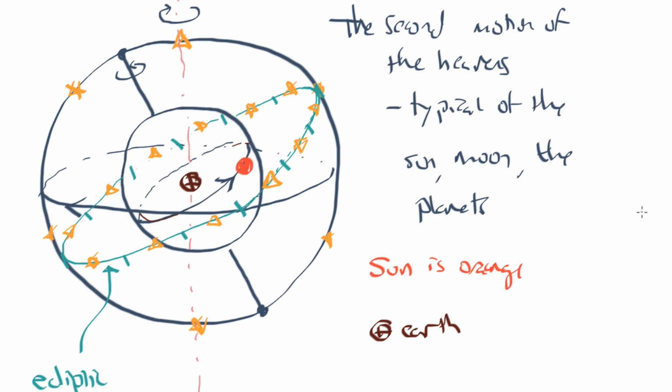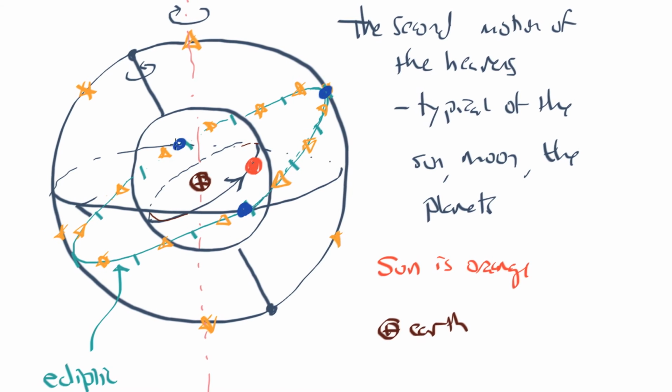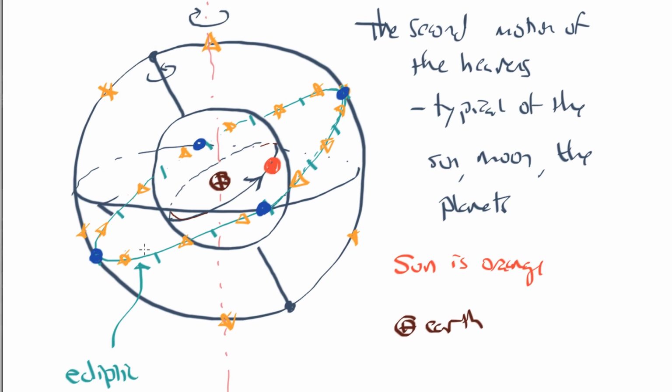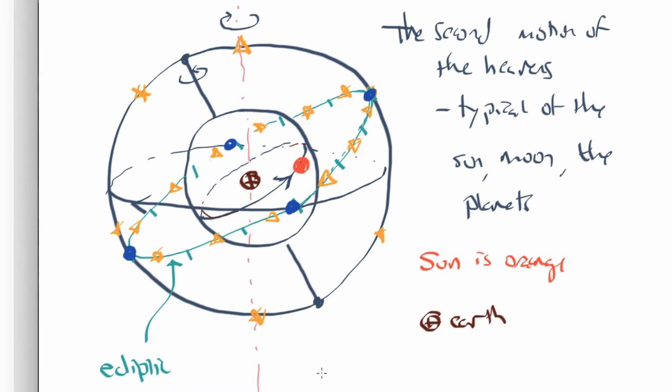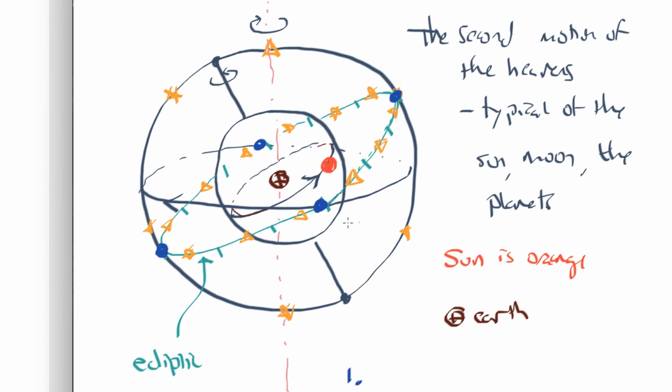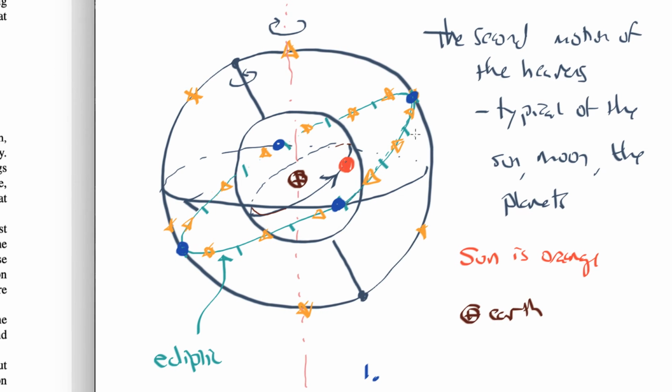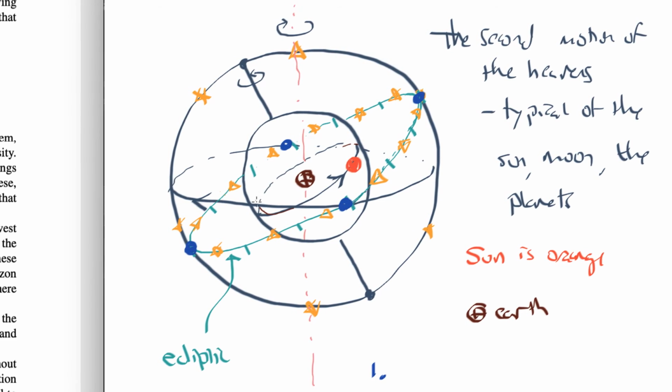He also points out that there are a few important points, and so let me highlight some of these points. I'm going to do these in dark blue, let's say. I'll put them right here: the first point, the second point, the third point, and the fourth point. So these first two points, call them point 1, that is where this ecliptic line intersects the celestial equator.